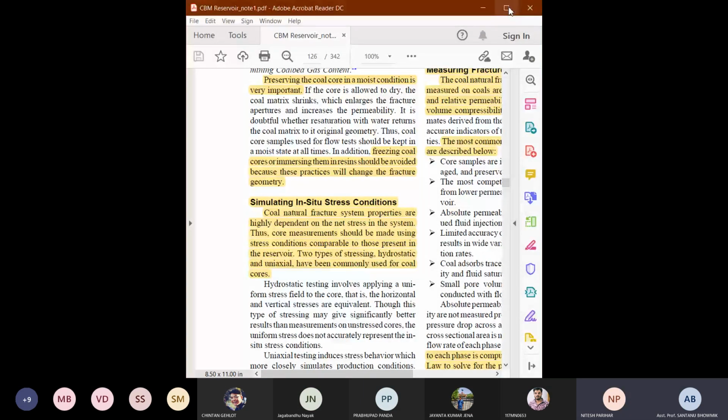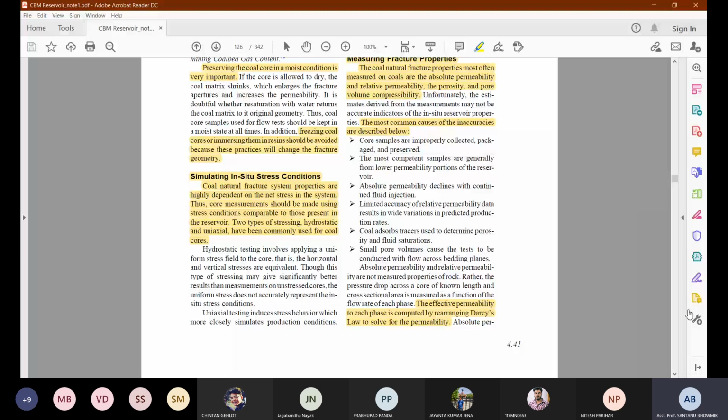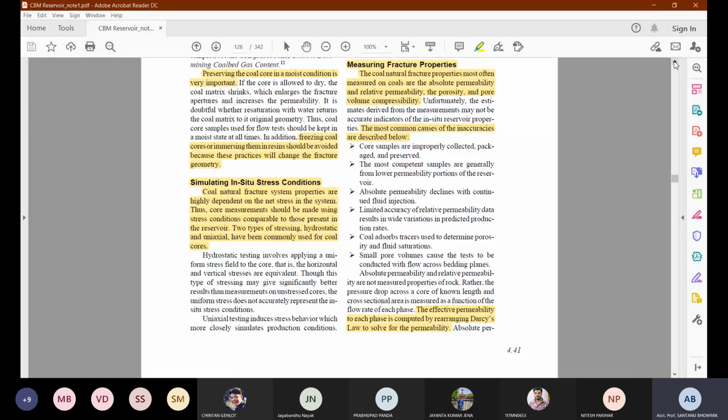Okay. In the last class, if you can remember, we have discussed the measuring of the fracture properties. We have seen what the limitations are to measure the actual fractures, and their orientation, their length and everything, how much frequency. These things are required.